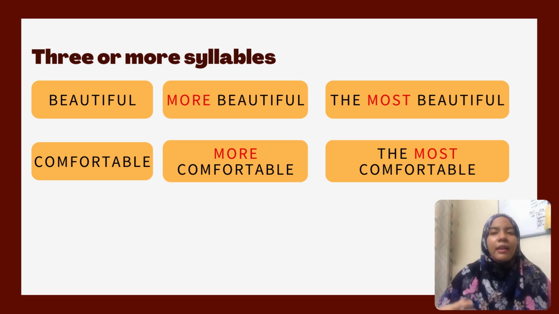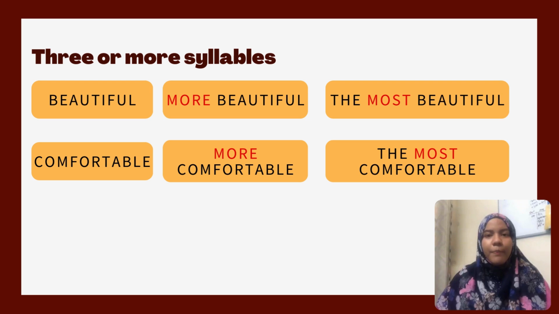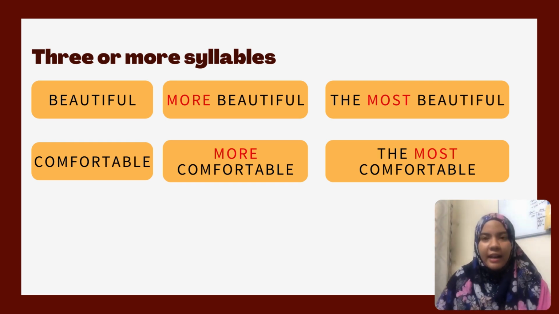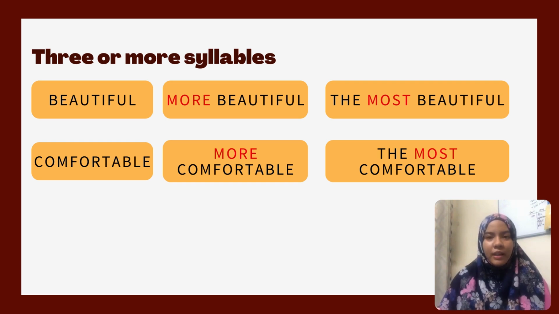Let's see another example. The next adjective here is comfortable. Comfortable. So that is four syllables. How do we form the comparative for three or more syllables? Yes, that's correct. We have to add more in front of the adjective.